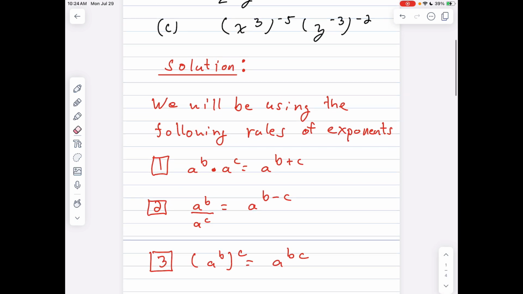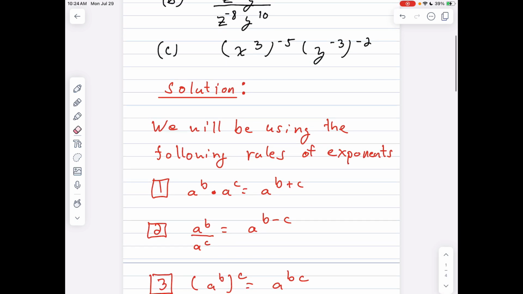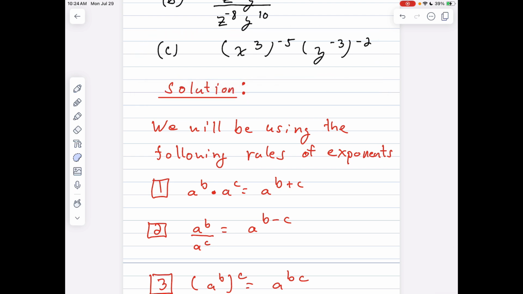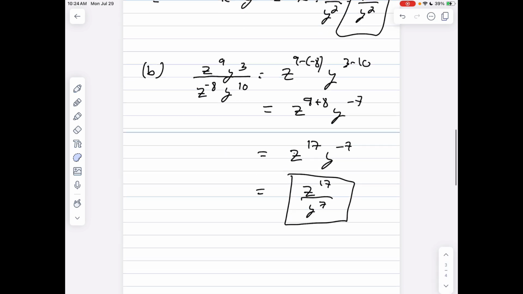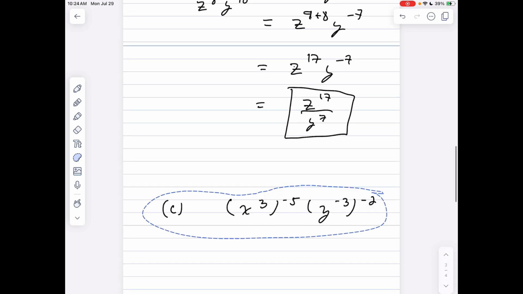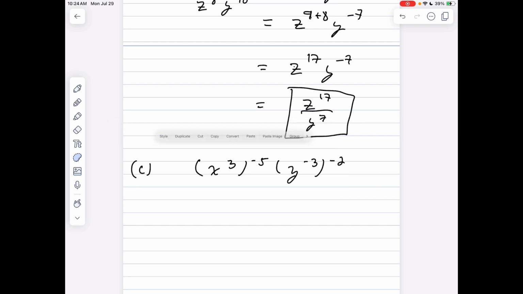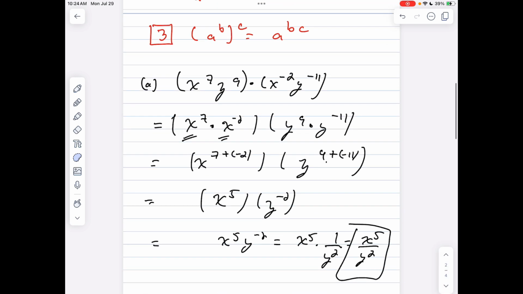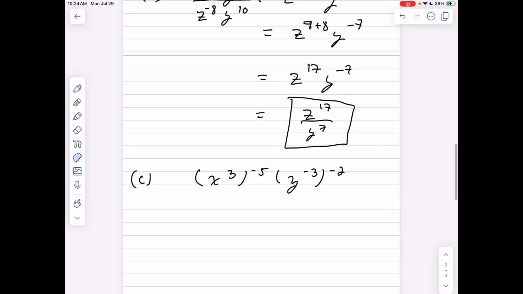Last but not least, we have our third problem, which was x to the third to the negative 5 times y to the negative 3 to the negative 2. For this problem, I'm going to use rule 3. I have exponents raised to exponents, and the rule says you can multiply the powers here. 3 times negative 5 is negative 15.